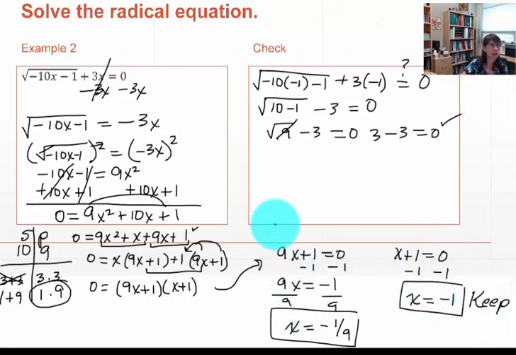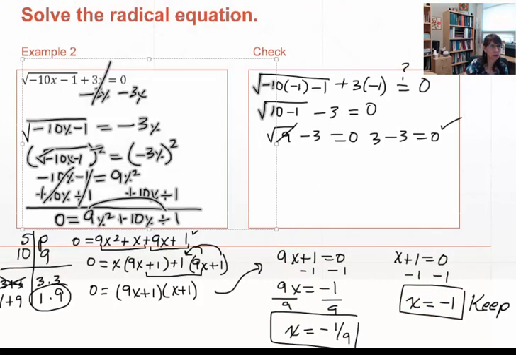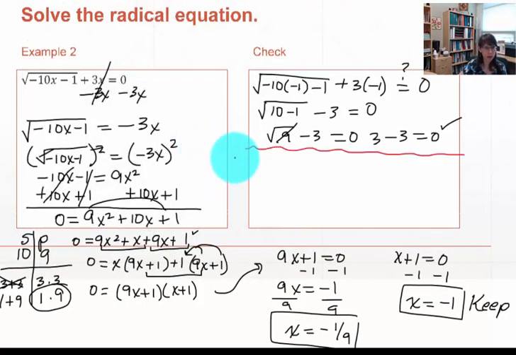All right, now the other one is going to be a little more complicated to check. All right, we're up for the challenge here. Square root of negative 10 is multiplied by negative 1/9, and then we are subtracting 1. Outside of that radical says to add 3 times negative 1/9.